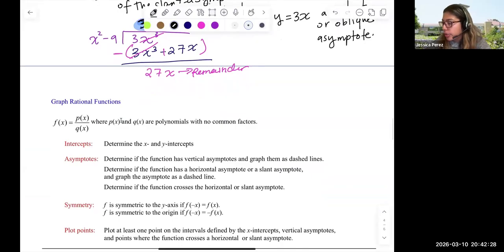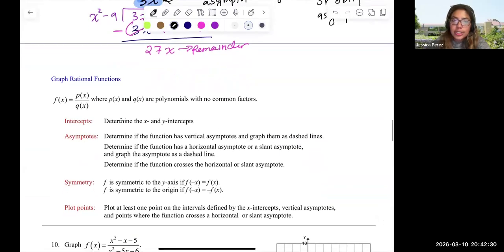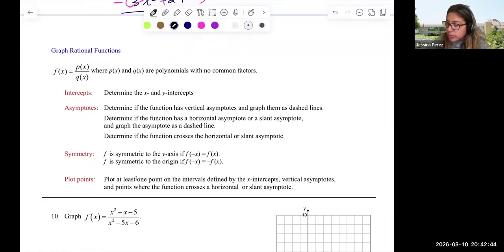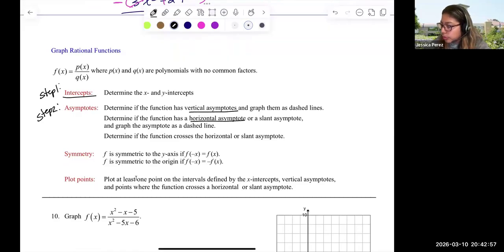Now the last part of the section is to be able to graph. Now we wish to graph a variety of rational functions. In order for us to be able to graph such rational functions, we need a few steps. Step 1 is finding the x and y intercepts. Step 2, identify vertical asymptotes, horizontal, or even slant asymptotes.